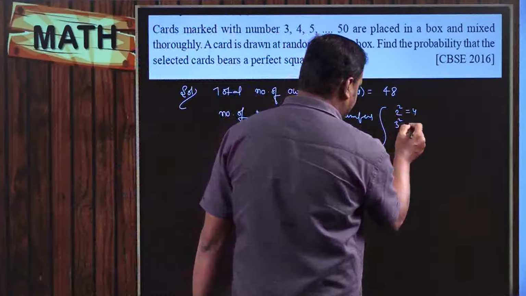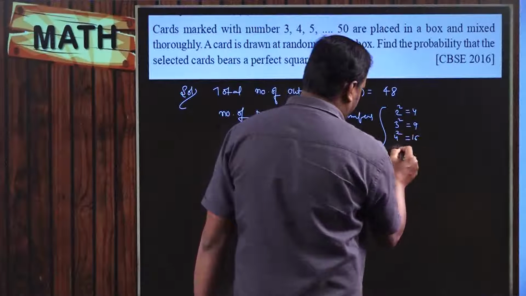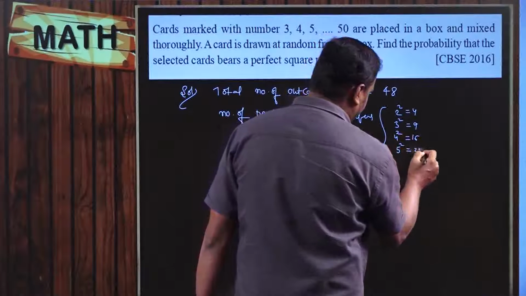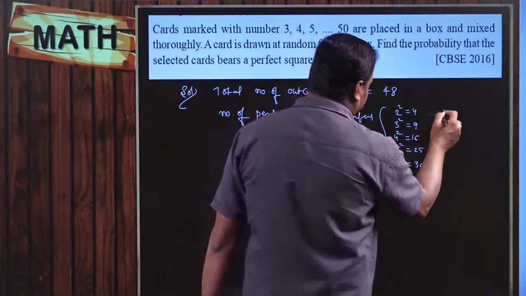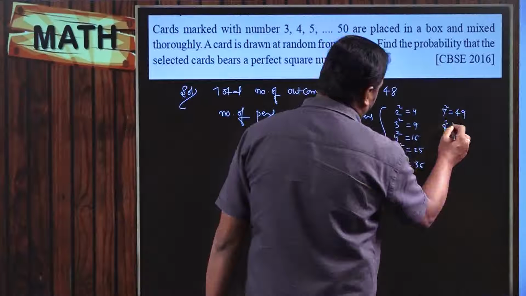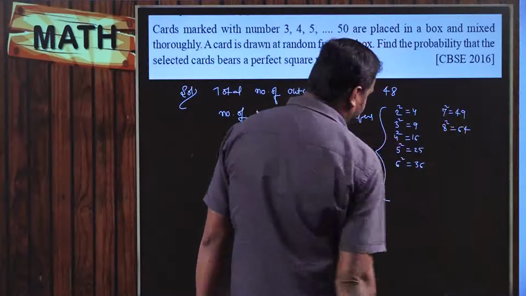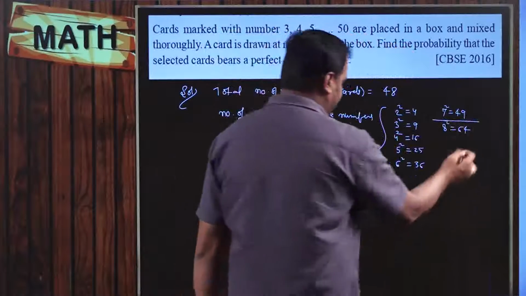And 3 square is equal to 9. 4 square is equal to 16. 5 square is equal to 25. 6 square is equal to 36. 7 square is equal to 49. 8 square is equal to 64, but 64 is not there. Therefore, we should consider only up to 49.